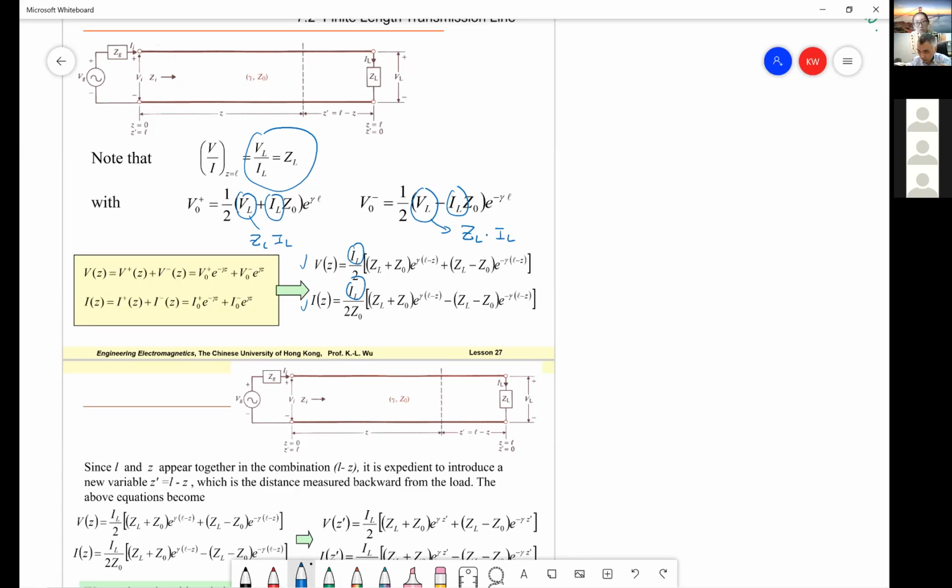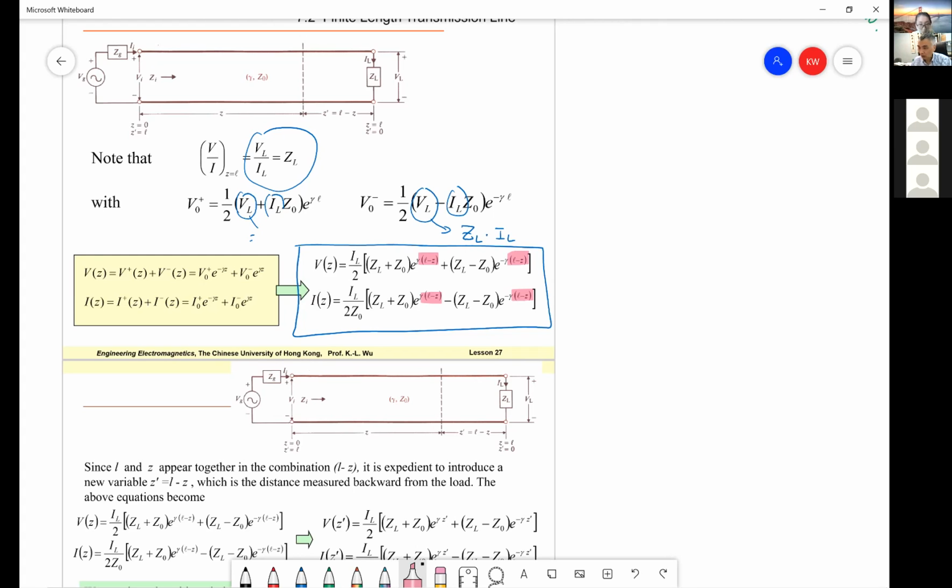Now when we look at this equation, we see something is not convenient. What is not convenient is we always use L minus z, L minus z, L minus z. You will find out how it comes when you derive it.